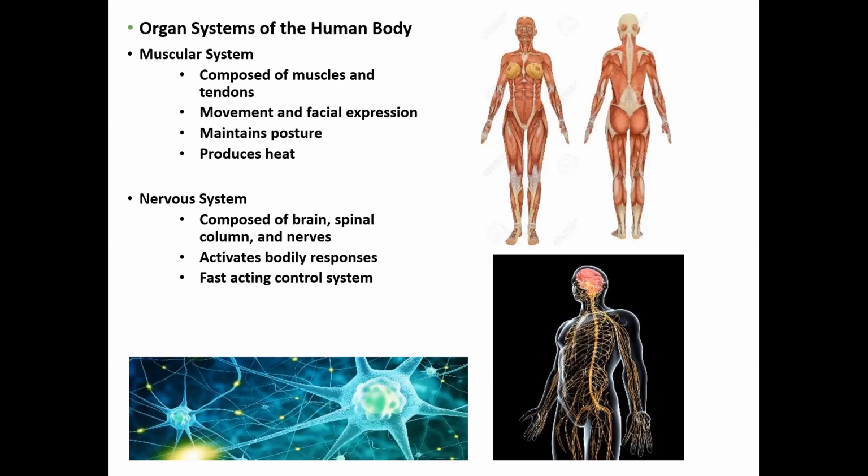Something else our muscles do is maintain our body heat. Our body heat is pretty much constant at 98.6 or 37 degrees Celsius. You're going to hear me say it that way again and again. But that heat is coming off of our skeletal muscles.